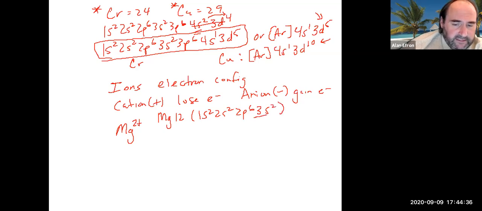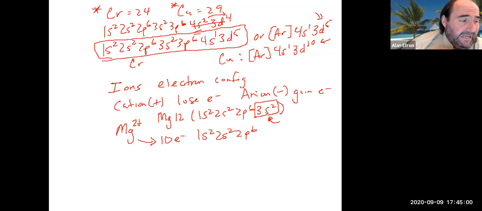When it loses its electrons, it's these two here that are lost, and those are what are referred to as valence electrons. That means magnesium with a +2 charge would only have 10 electrons, so the electron configuration should be 1s2, 2s2, 2p6.